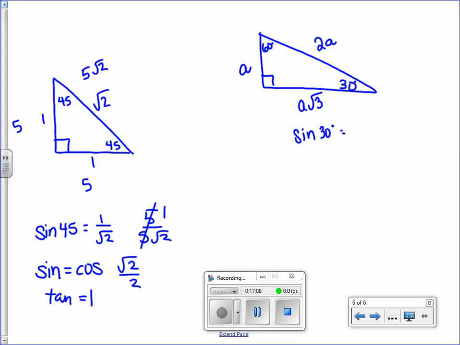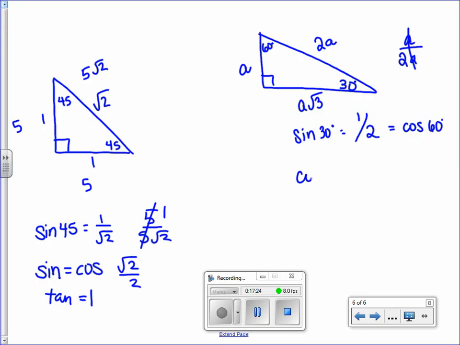What's sine of 30 degrees? It's the cosine of 60, but what is it? Alright, what's A over 2A? A half. See how A over 2A, that's 1/2.